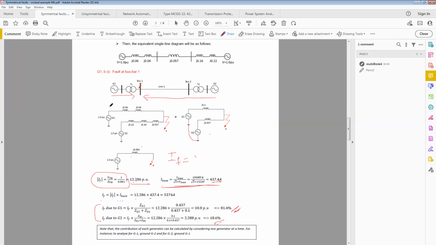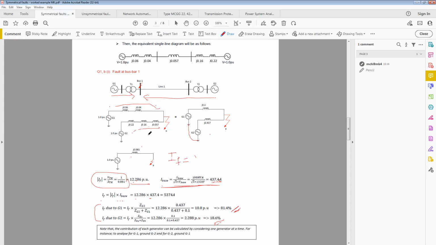So G1 contributes about 81%, and G2 contributes about 18%, because you can see that there are three components of impedance on one side, and only two on the other. The higher the impedance, the fault current will reduce substantially. Okay, so this is the symmetrical fault.